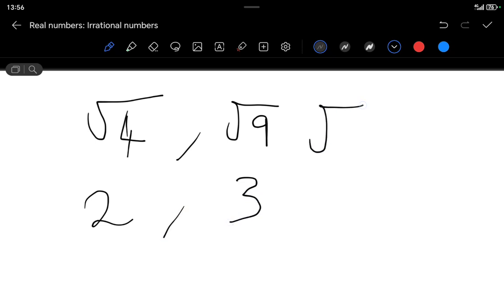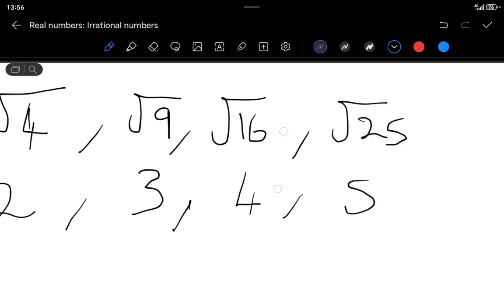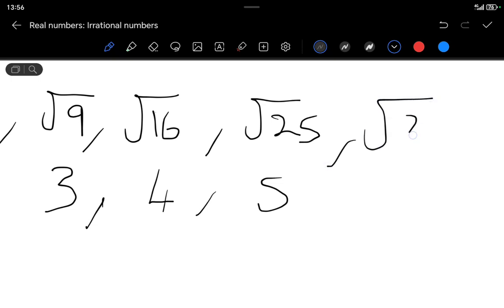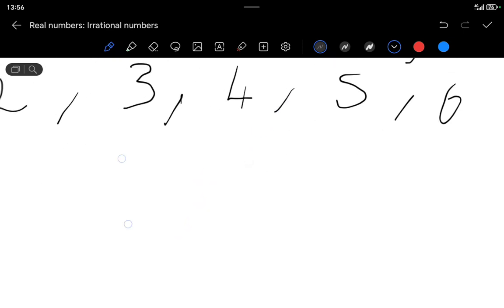Get it? Next is the square root of 16, which we know is 4. The square root of 25 we know is 5. The square root of 36 we know is 6, and so on. These are perfect squares.